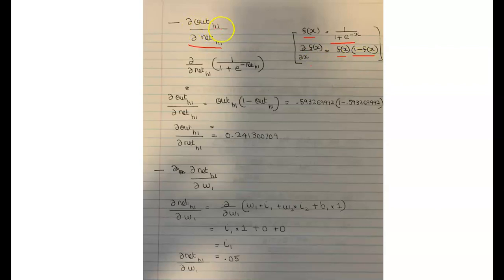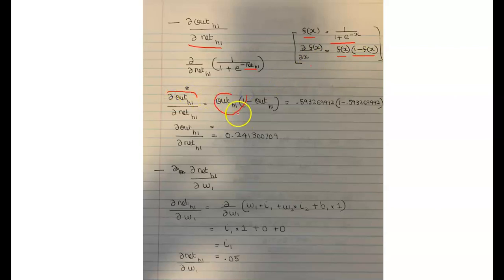Now, out H1 is nothing but 1 by 1 plus e raised to minus net H1. So these are the formulas from our forward propagation. So its derivative is nothing but f of x into 1 minus f of x, and f of x in our case is out H1.